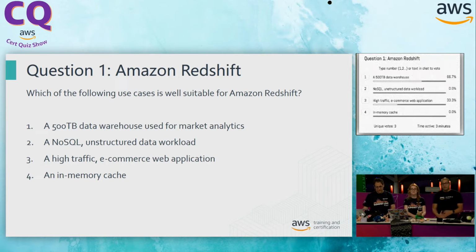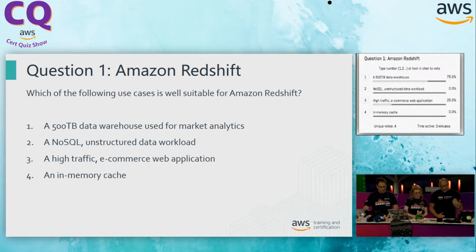For this particular use case, you'd use an OLTP type database. Typically, you'd use something like the RDS offering that we have. We offer a number of database engines our customers are already using, so things like Postgres, MySQL, MS SQL. So that would be a better fit for that. So that's an incorrect answer for Redshift.